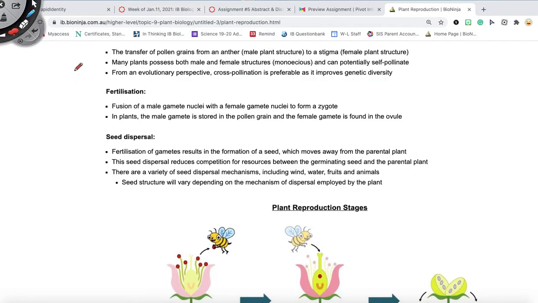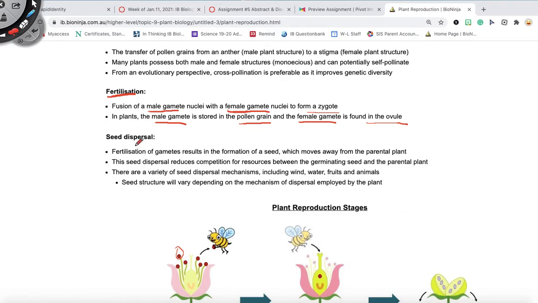The next stage would be fertilization, and this is the fusion of the male gamete nuclei with the female gamete nuclei to form a zygote. And again, the male gamete, which is the sperm, is stored in the pollen grain, which is found right here in the anther of the flower. And the female gamete is found in the ovule or the egg.